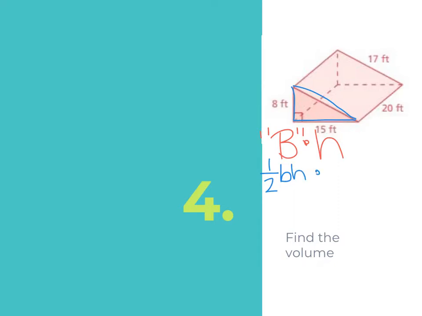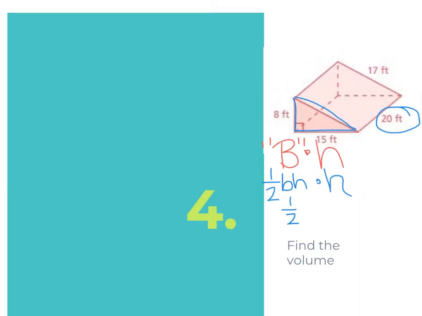Then I multiply that times the height of the entire thing. Okay? So let's fill the formula in. 1/2, the base of the triangle is 15, and the height is 8, times the height of the entire thing, which is 20.